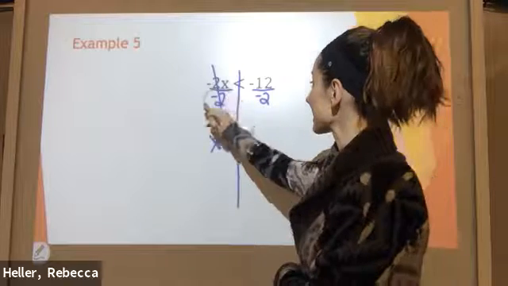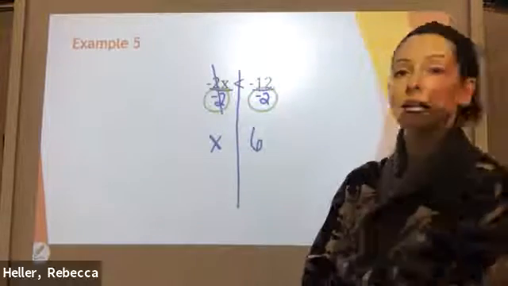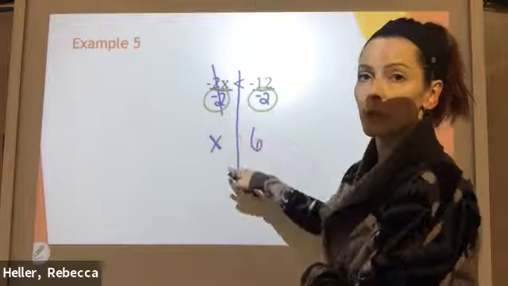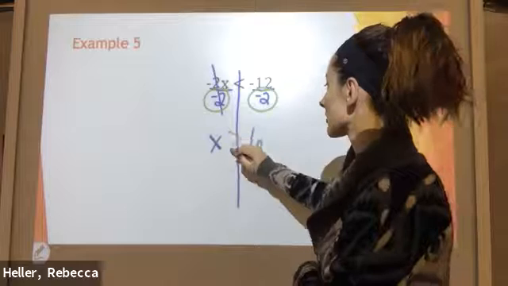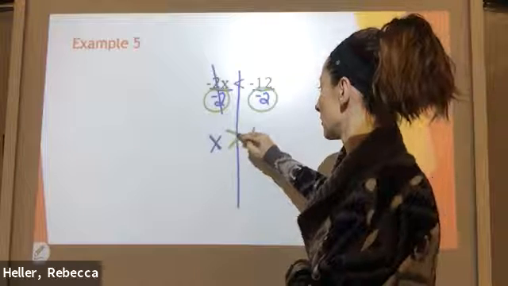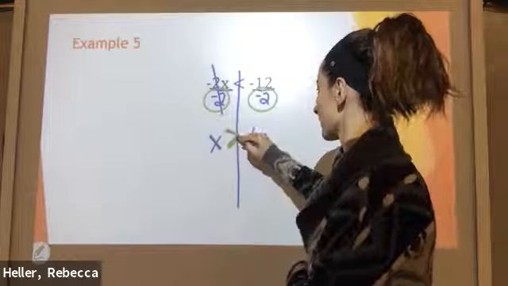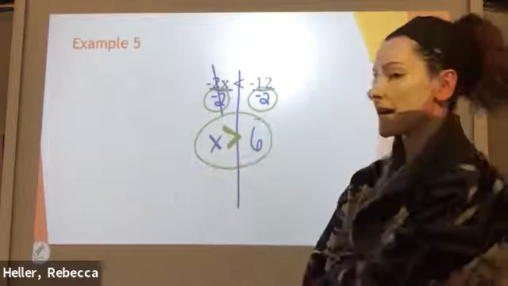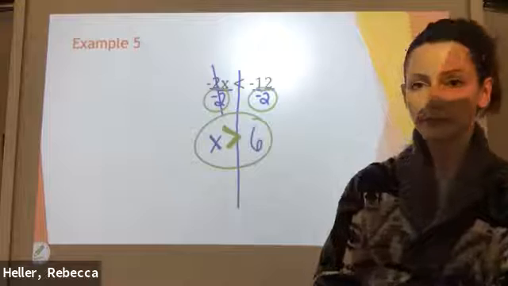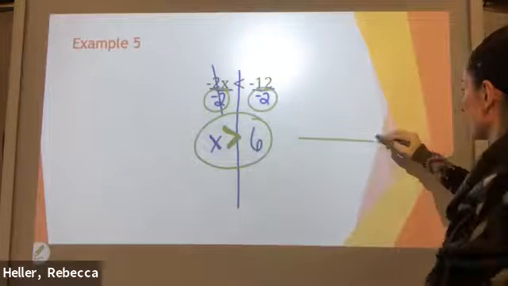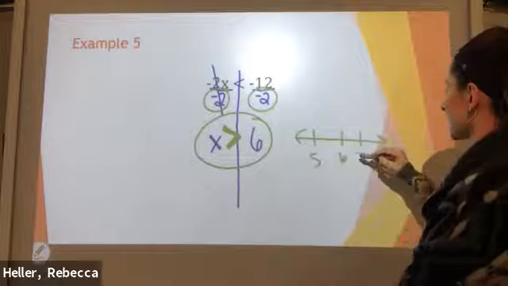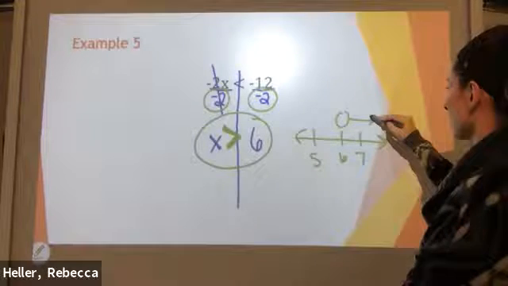But since this number right here is a negative, my less than symbol, when I come down in my answer, becomes a greater than symbol. I'll show you why in a second, but write that down. Your quick number line for this would be 5, 6, 7, open circle to the right.